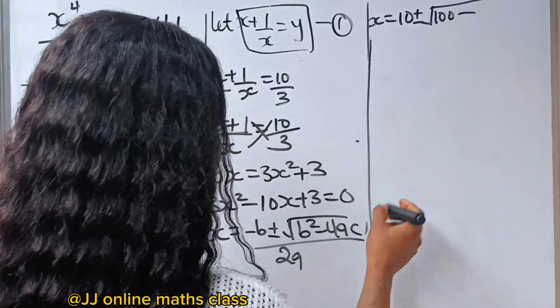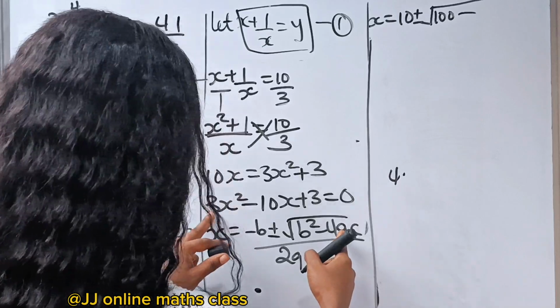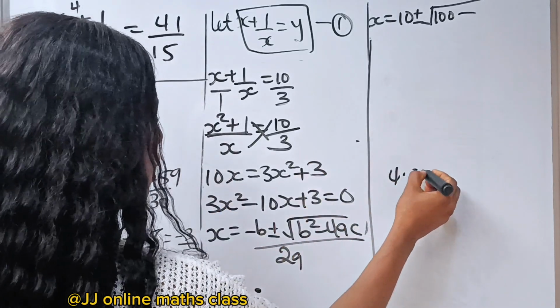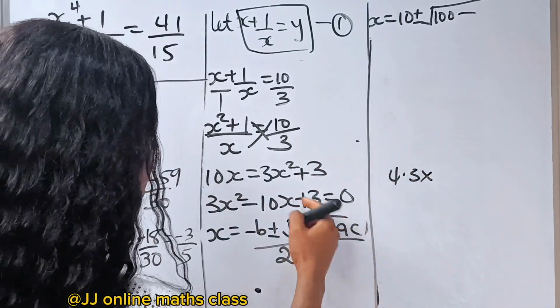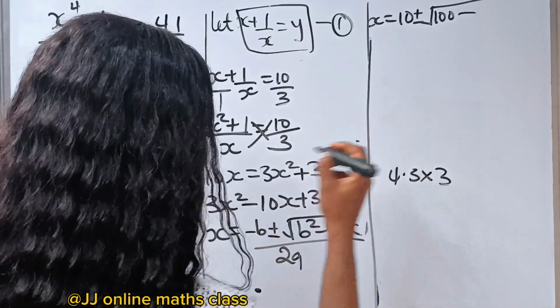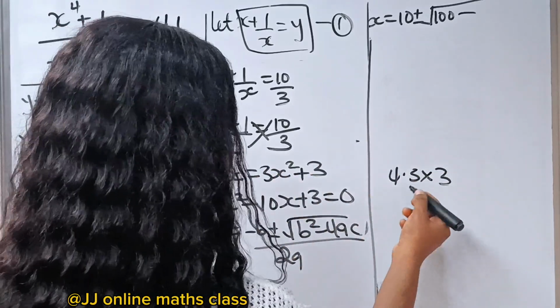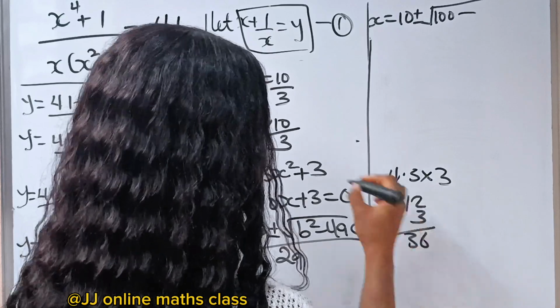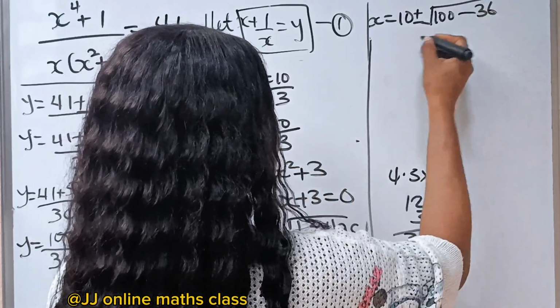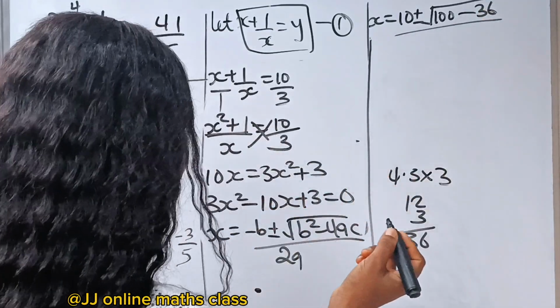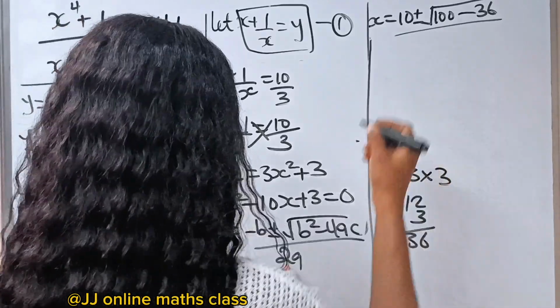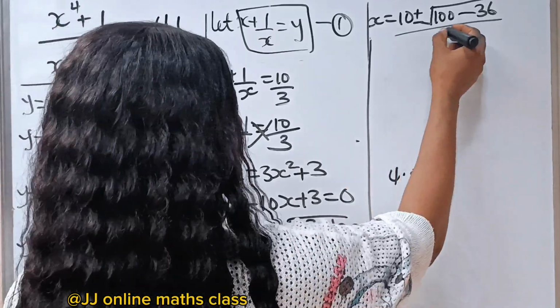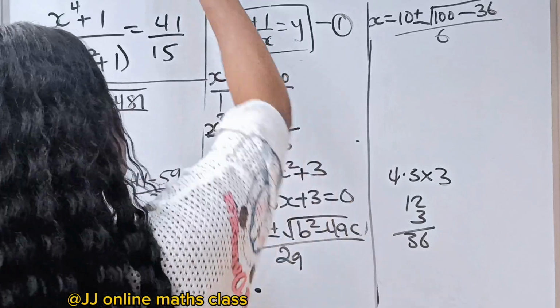Then minus 4 times our a is 3, and our c is another 3, positive 3. So we now have 4 times 3 is 12. 12 times 3 is 36. So we have minus 36 divided by 2a. That is 2 times our a is 3, which is 6.